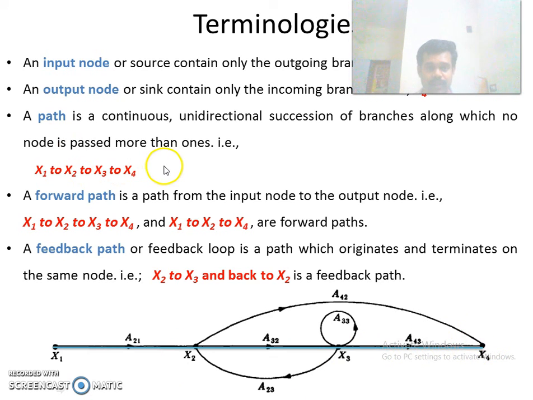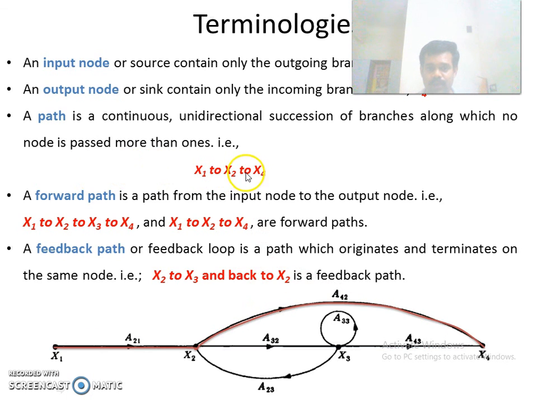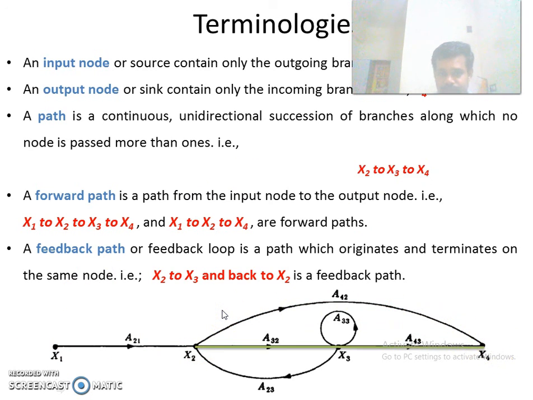Next path is x1 to x2 then to x4. What is the next path?